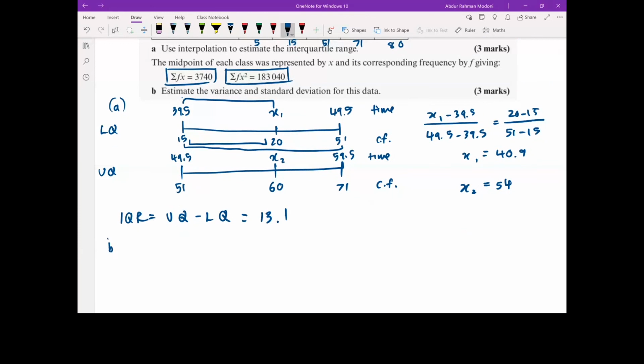So part B. First of all, let's write down my formula for the standard deviation for grouped data.